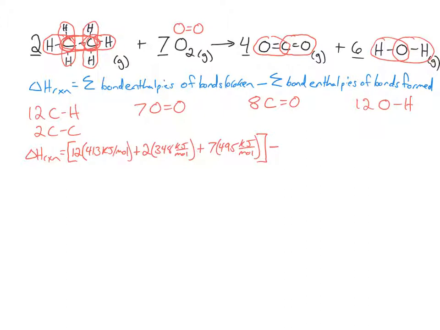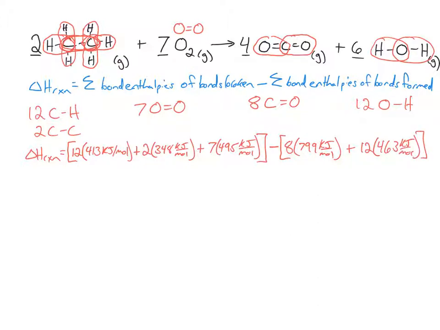We're then subtracting that from all the bond enthalpies of the bonds formed. Well, we have 8 carbon-oxygen double bonds. Each one of these is 799 kilojoules per mole. Plus, we have these 12 oxygen-hydrogen bonds, which each one of these are 463 kilojoules per mole.